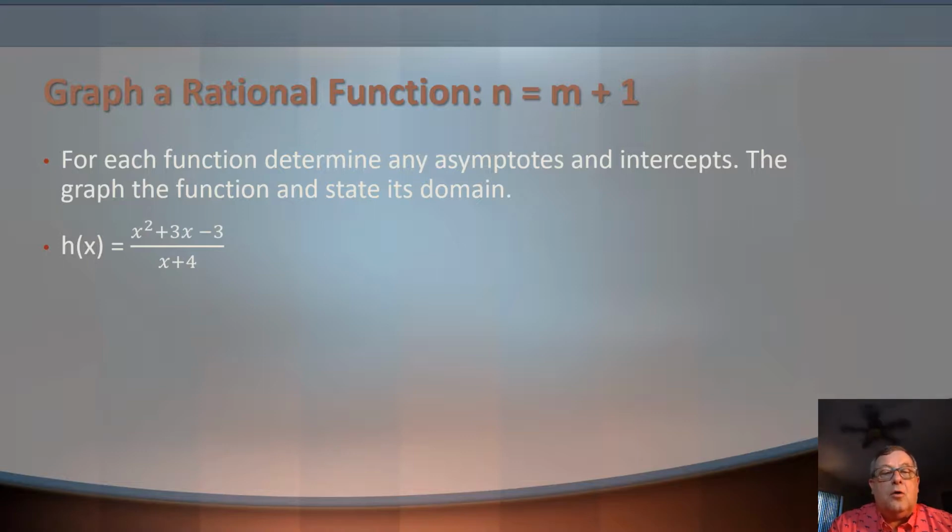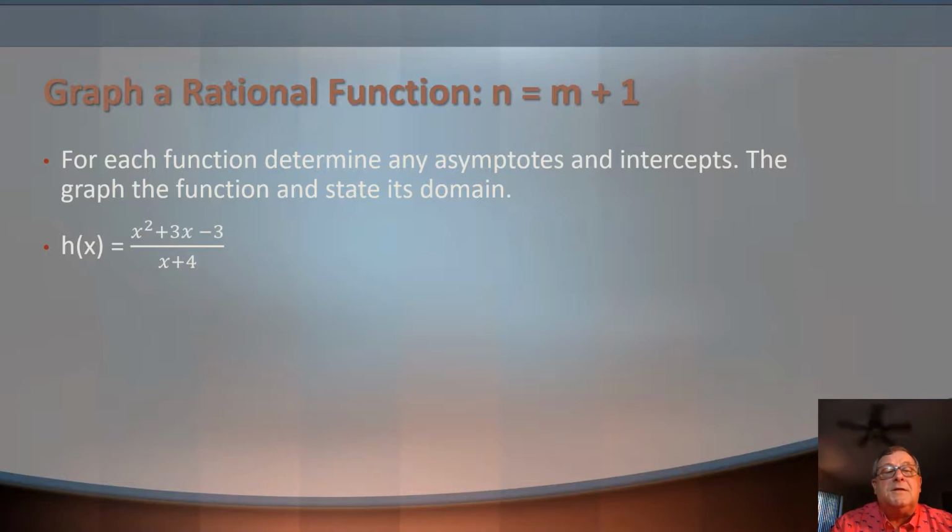When that occurs, we do not have a horizontal asymptote, but instead we have what is called an oblique asymptote or a slant asymptote. In other words, an asymptote that takes on a linear function.